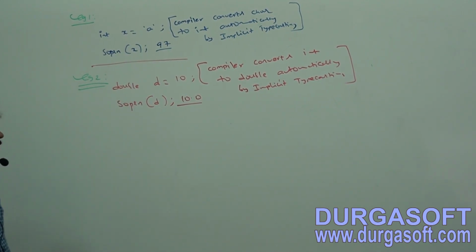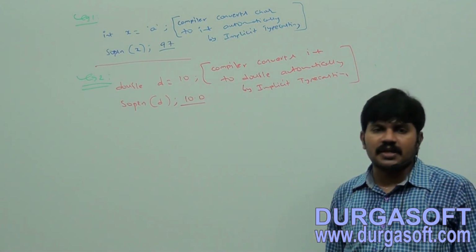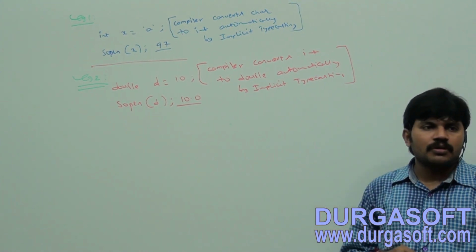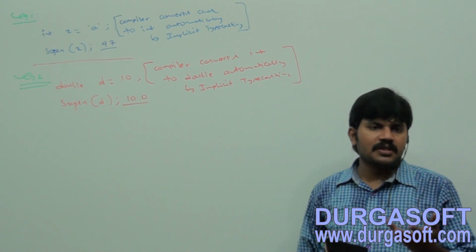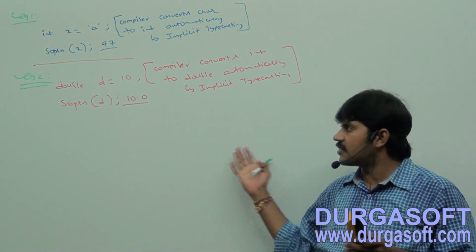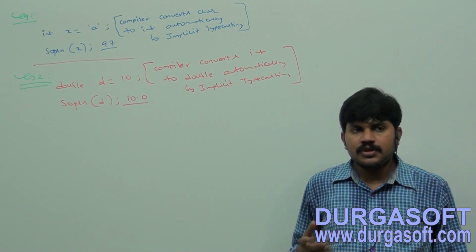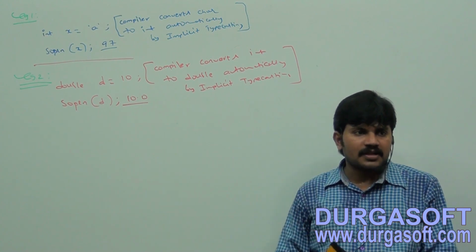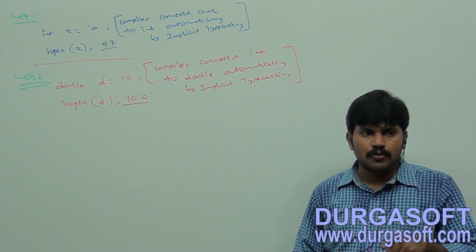So the typecasting which is performed internally by the compiler is nothing but implicit typecasting, right? In this typecasting there is nothing else to discuss other than this. These things happen automatically, internally. We are not responsible for this, but there is some typecasting where we require to perform explicitly by the programmer.